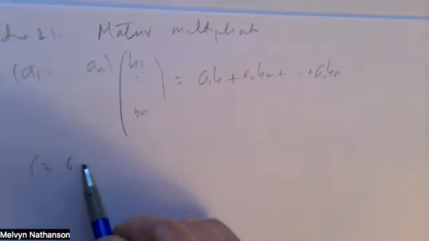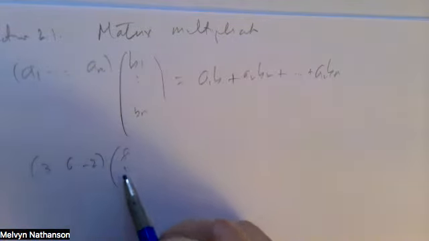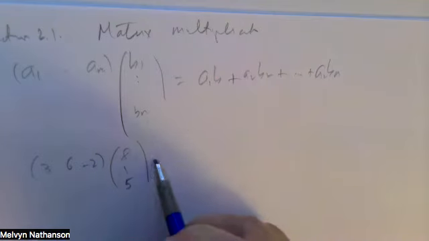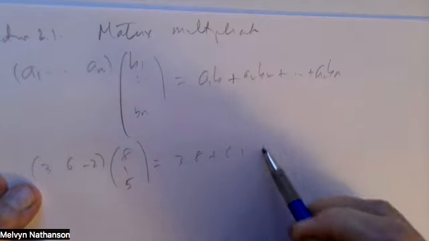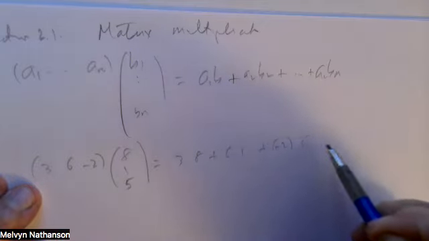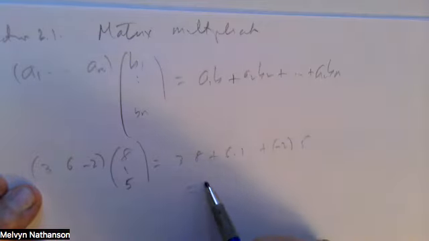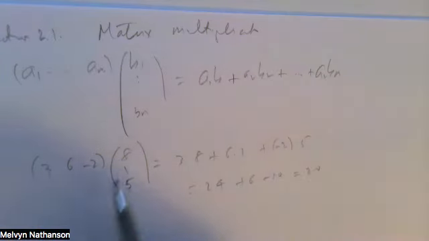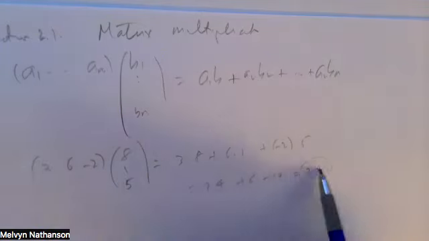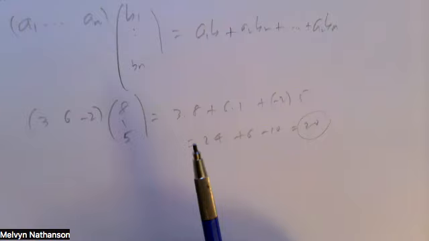So if you had 3, 6, minus 2 and 8, 1, 5, this is 3 times 8 plus 6 times 1 plus minus 2 times 5. That's 24 plus 6 minus 10, which is 20. So this times this is this number 20. A row times a column gives you a scalar.